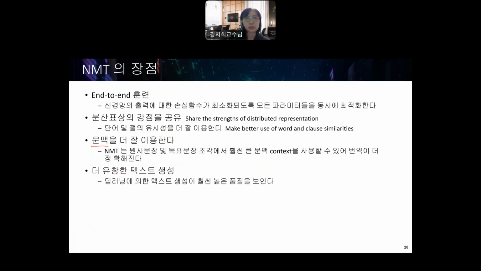You can use the context better than the statistical techniques. The context can be very, very long. Theoretically, you can look at the words 10 words before the current word, but with n-grams, you can go to bigram, trigram, 4-gram, maximum 5-gram, right? And you will have more fluent language output, as well as high quality outputs.